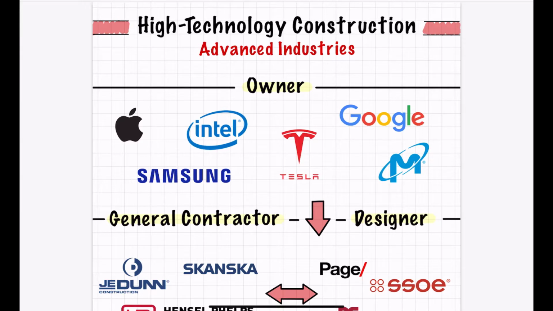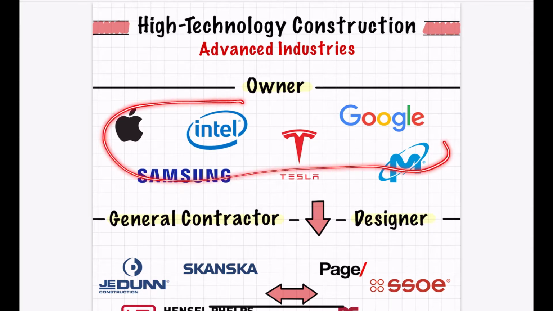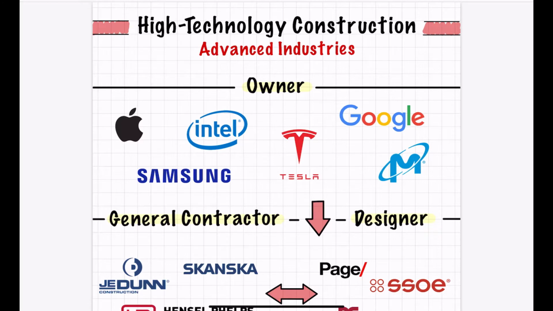So for here, I have the owner section. Now, just a fair warning, I just chose a bunch of random companies and threw them in here. Companies that I think would be building fabrication plants, waste treatment plants, like all kinds of things that require mechanical, electrical, plumbing industries.